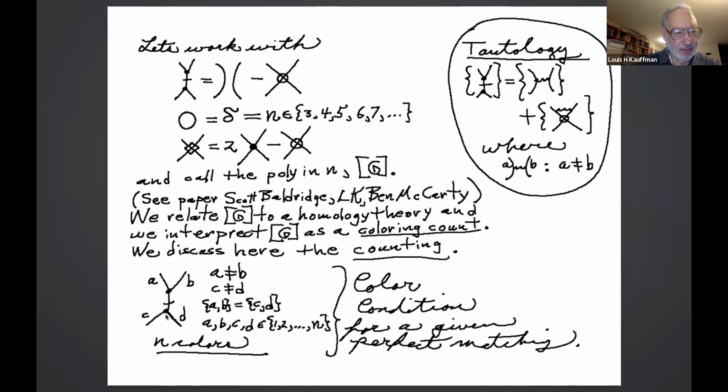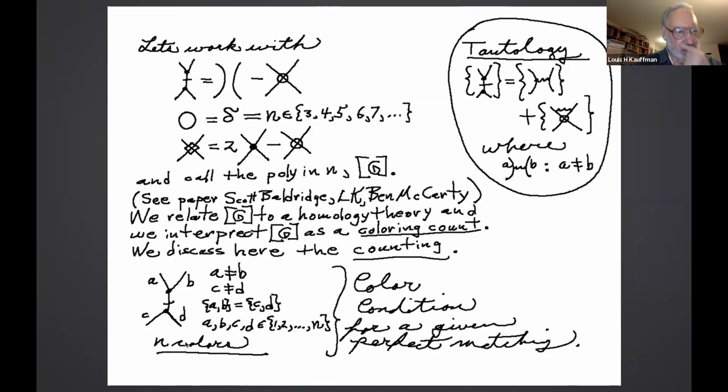That's the color condition. Now, of course, that happens for the 3 coloring because you have, say, red and blue, and this is purple, and so you have to have red and blue over here. But here we have many colors, might have red and blue coming in here. You have to have red and blue here, but they can come out in either order, red, blue, or blue, red. So that's the color condition that we're going to think about.